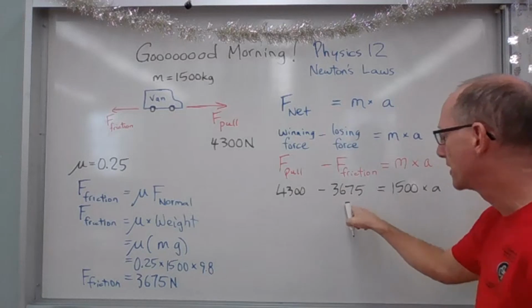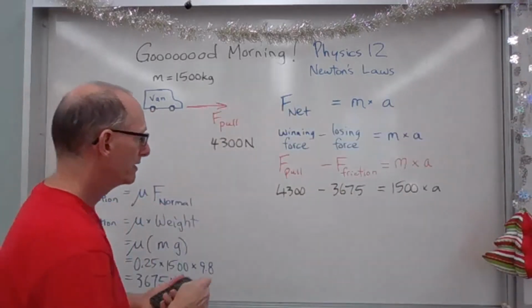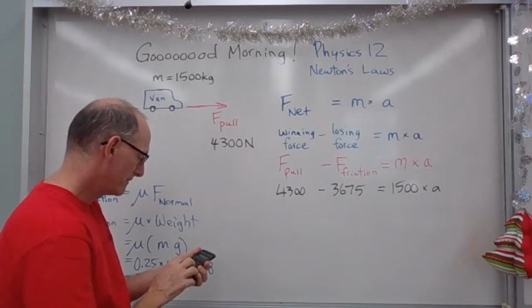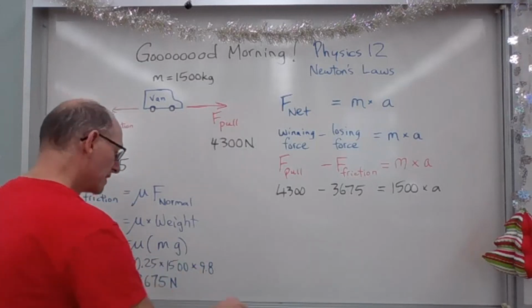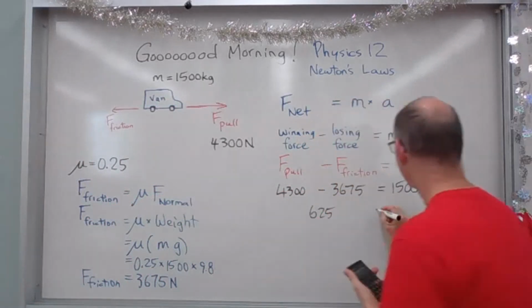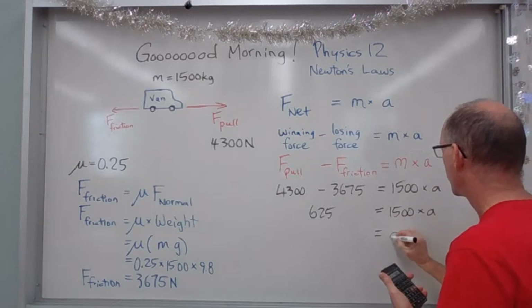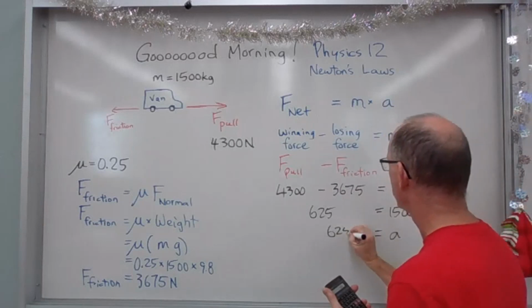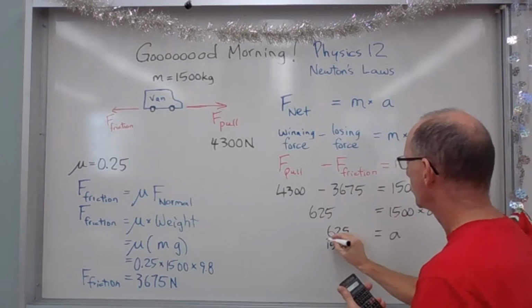And just doing this calculation, step by step, 4,300 minus 3,675, and I get 625 newtons, equals 1,500 kilograms times a. So a is just 625 divided by 1,500. Just do your algebra.